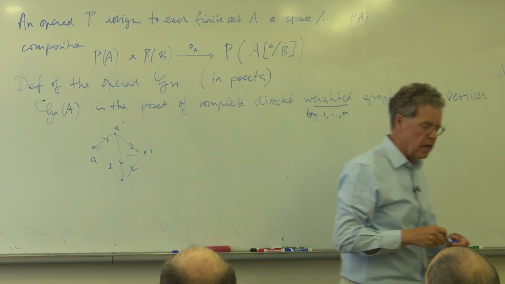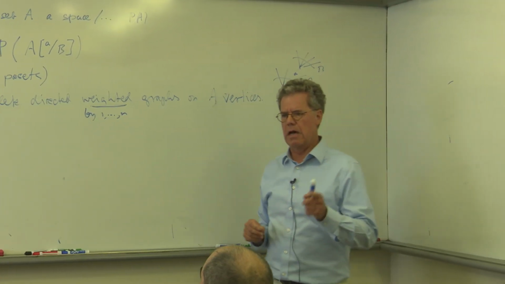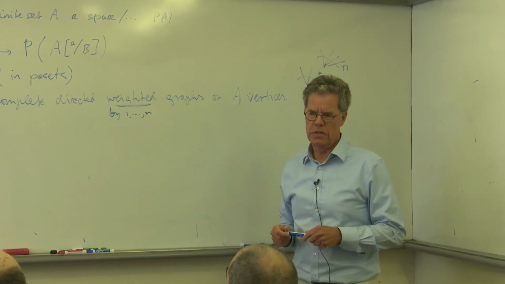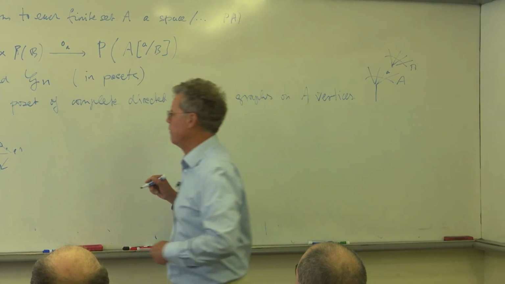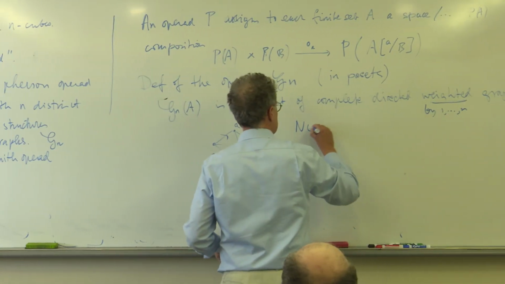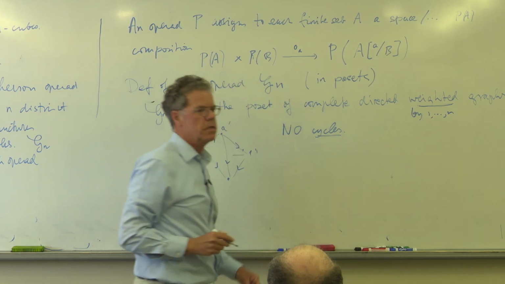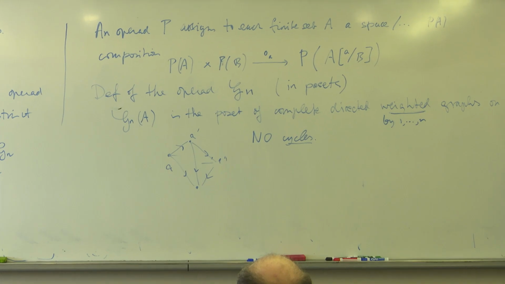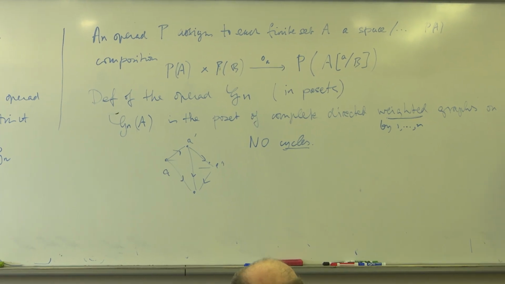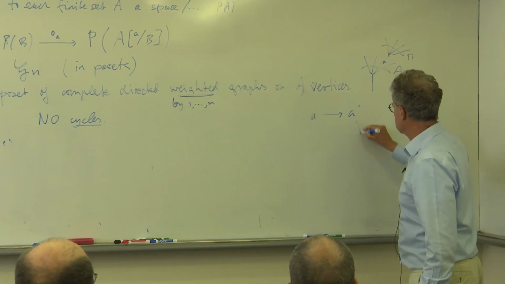So every edge in the graph has two labels: one for a direction and one number, 1 up to n, the weight. And then there is one further condition. There are no cycles in the graph. So what this means is that the elements in the graph must form a linear order.